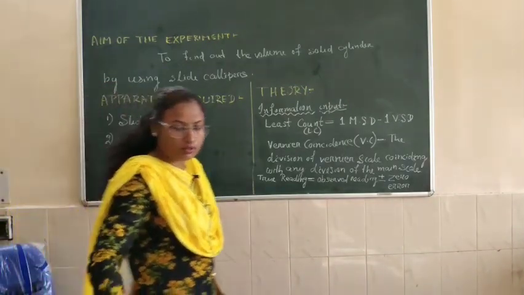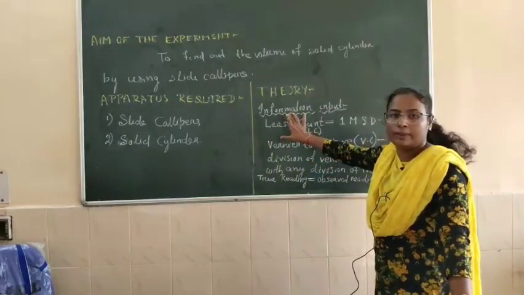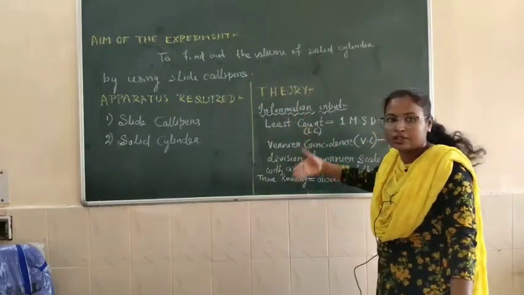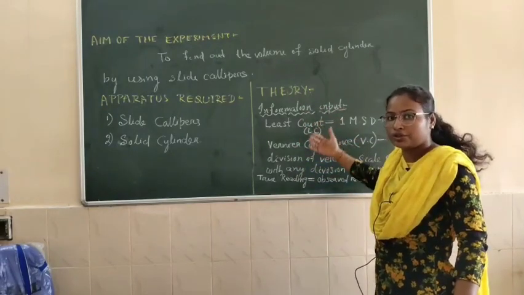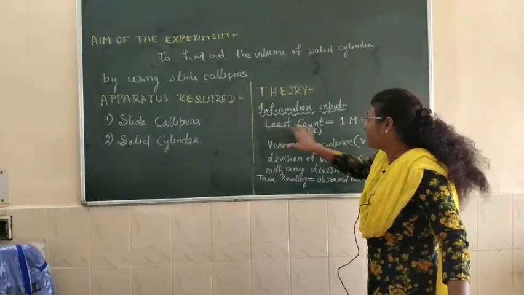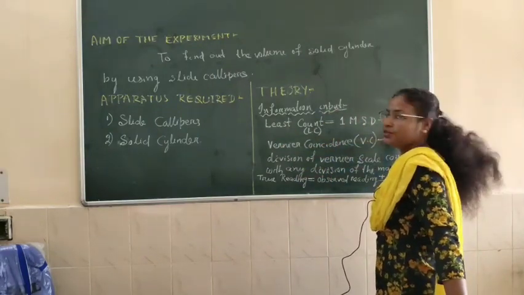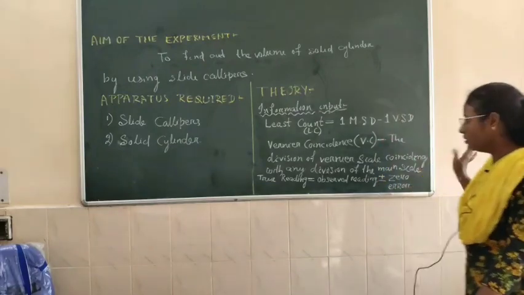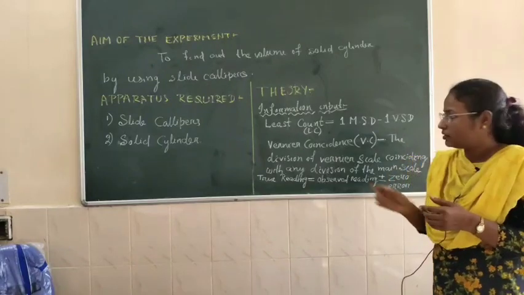Now, come to the theory part. To calculate the volume of the solid cylinder, what information are we going to need? The first is the least count. This is the formula: 1 MSD minus 1 VSD. Now, what is the least count?